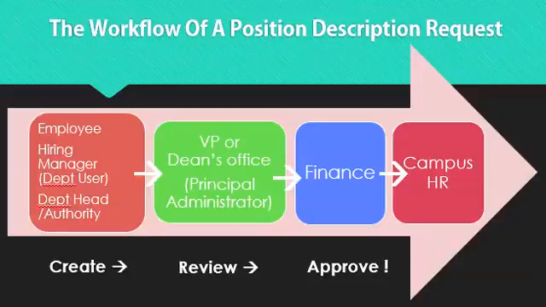The position request is finally routed to Campus HR and checked for completeness, adhering to state and federal requirements, and assuring that classification corresponds to the position duties. Once Campus HR has completed their requirements, the position description is completed.